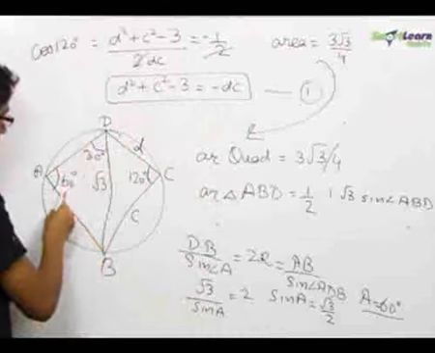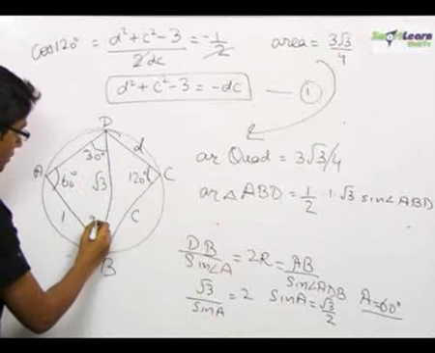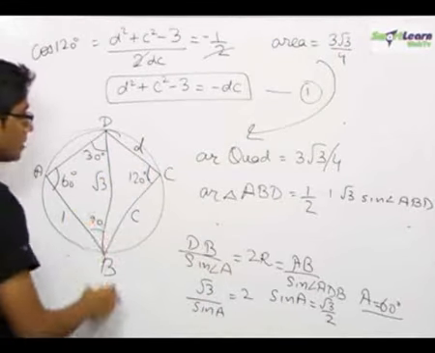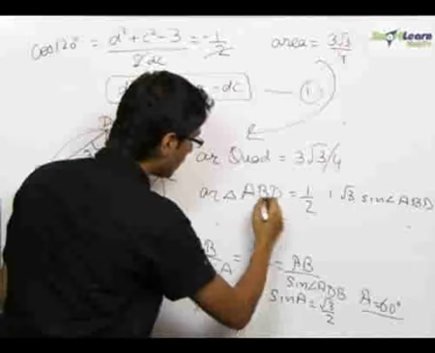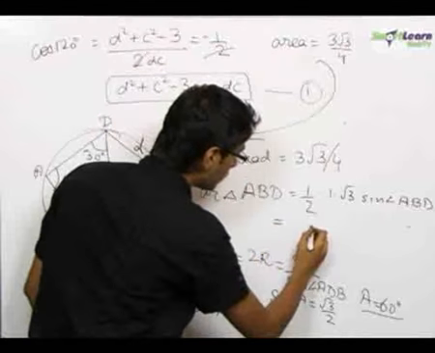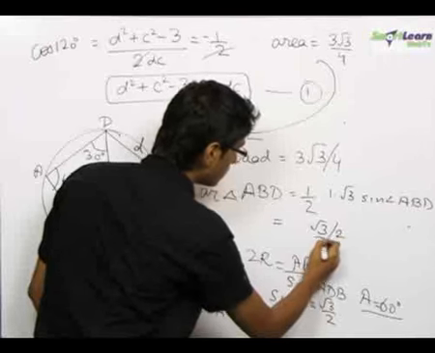And we know that if this is 60 degrees, this is 30 degrees, this is 90 degrees, so sine of angle ABD is equal to 1. So area of triangle ABD equals root 3 by 2.